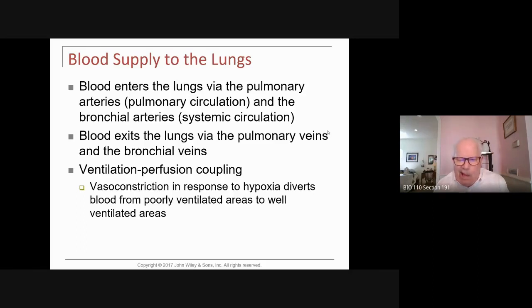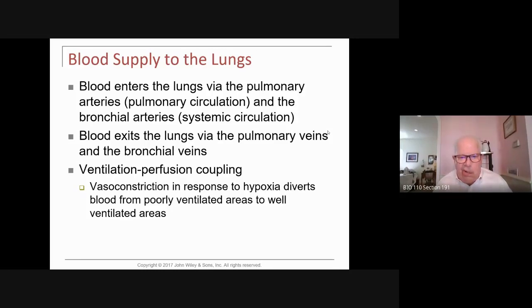So in response to hypoxia, it diverts the blood away from poorly ventilated areas to areas that are well ventilated. That is why when you listen to someone's lungs that has pneumonia or obstruction, you hear problems in air exchange.